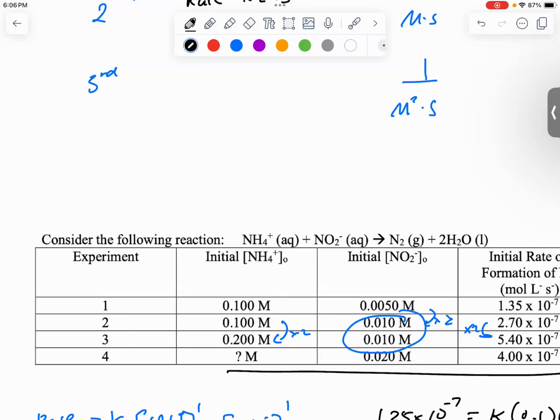And then each is an elementary reaction. I would not constantly say that, because there could be more than that. There is a lot going on in between the ammonium ions and nitrite ions. So therefore, we will not use the coefficients of the reactants to show it.